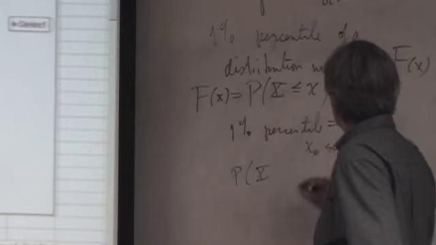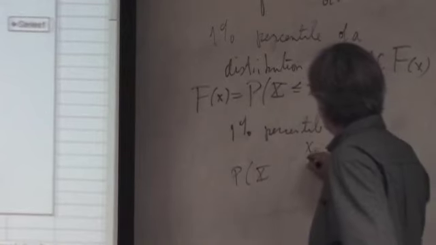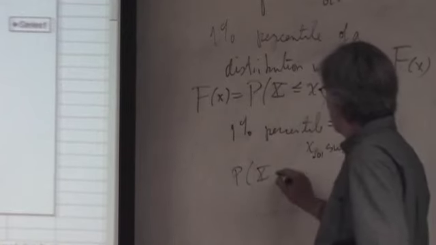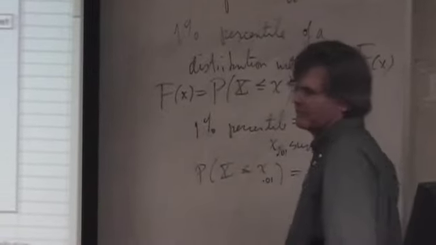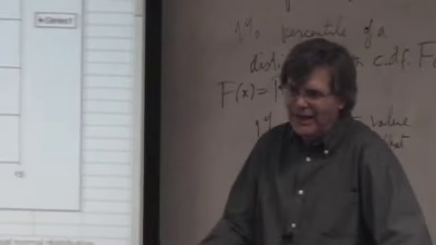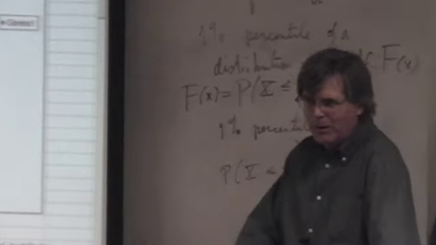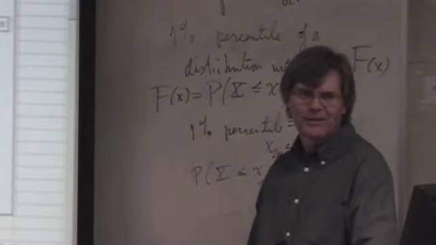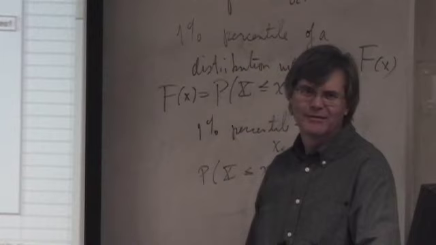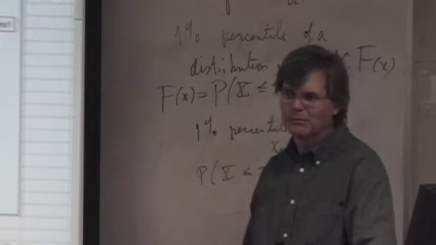Call it x sub 0.01, such that the probability X is less than or equal to x sub 0.01 equals 0.01. So find an age where just 1% of the population has age less than that. That's called the 1% percentile.